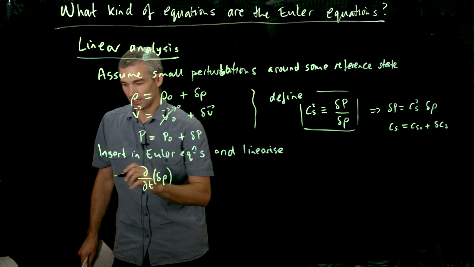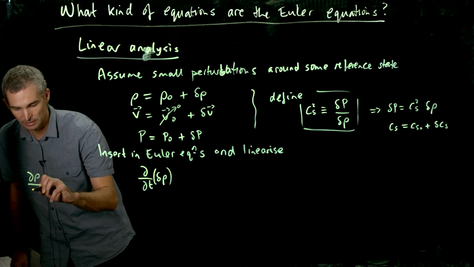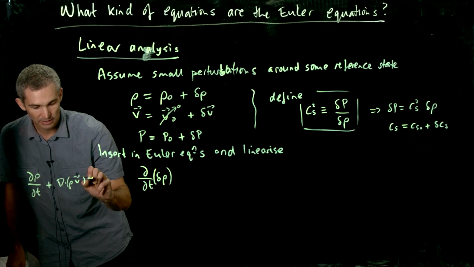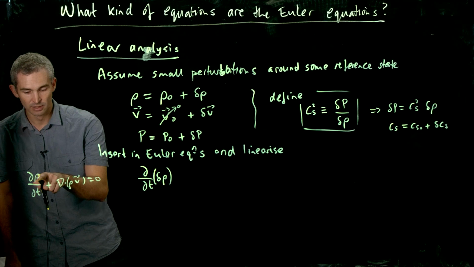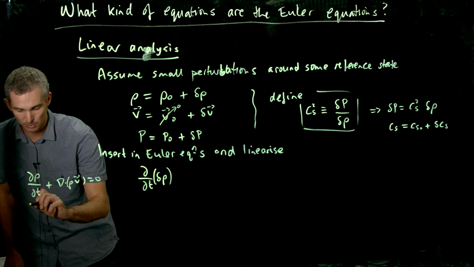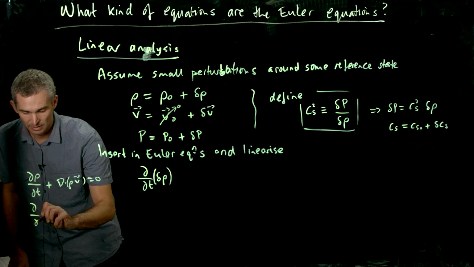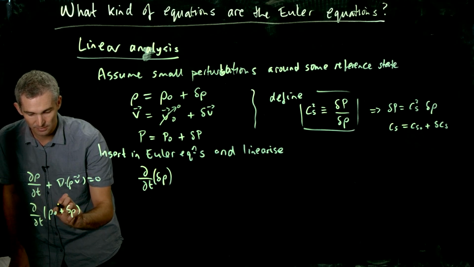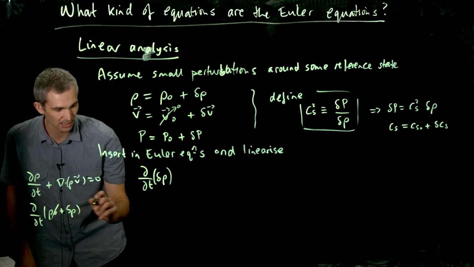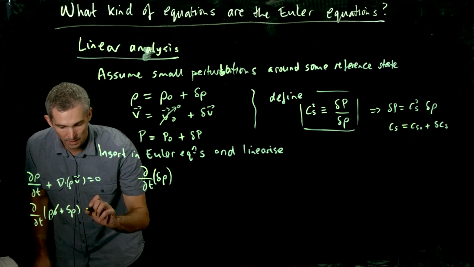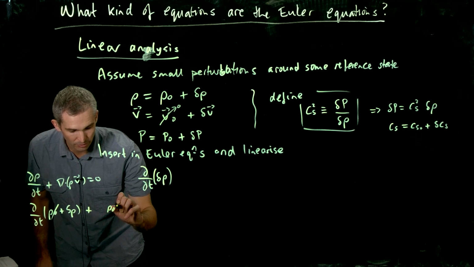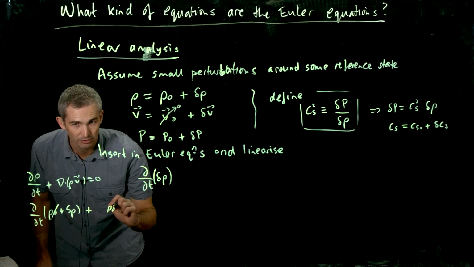If you remember, we had d rho dt plus div rho v equals 0. Now we can simply have, for example, a d dt that becomes rho naught plus delta rho. But d dt of rho naught is 0, so we just get d dt of delta rho here. And then this is going to be rho naught v naught, but v naught is 0.